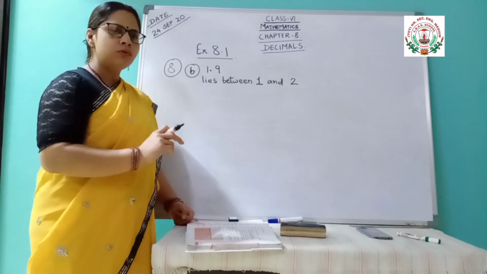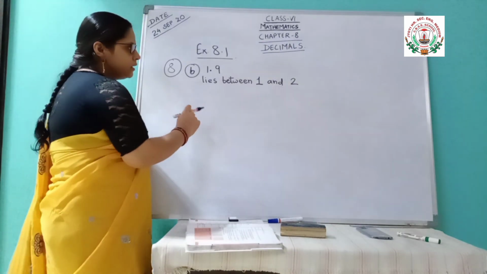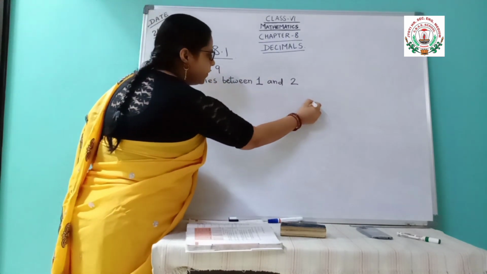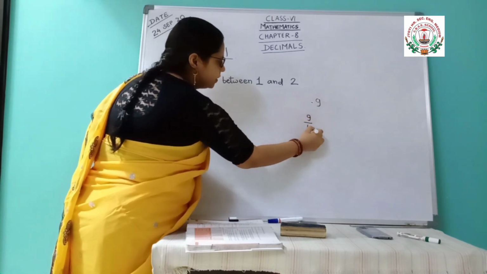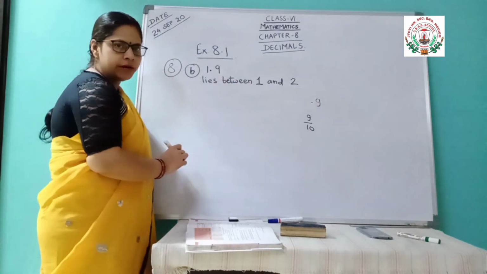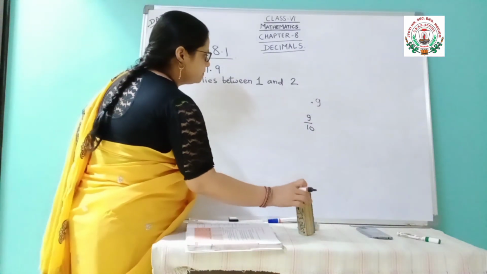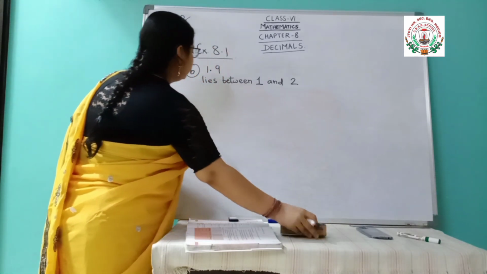Now the second question is how many markings you have to draw. The number of markings you have to draw is that 0.9. 0.9 means 9 by 10, means 10 markings you have to draw. Okay. 10 markings we are going to draw.